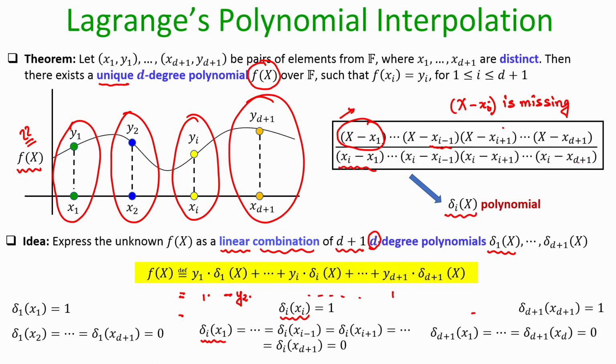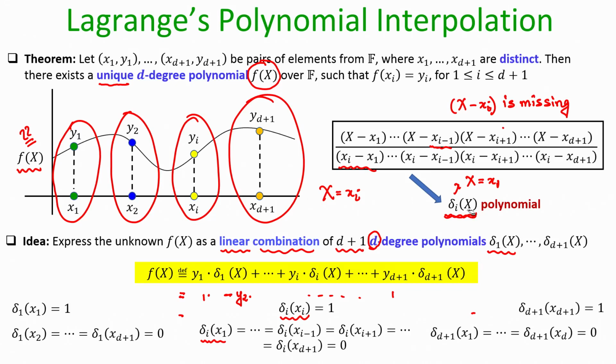So, now you can see indeed if I substitute x equal to x 1 say, then since I have in the numerator x minus x 1, I get 0 in the numerator, and hence overall it becomes 0, right. Like that, you substitute any value of x except x I, this delta I polynomial will vanish, it will become 0. Whereas, if you substitute capital X equal to x I, then both your numerator and denominator will become the same, and hence it will take the value 1, right.